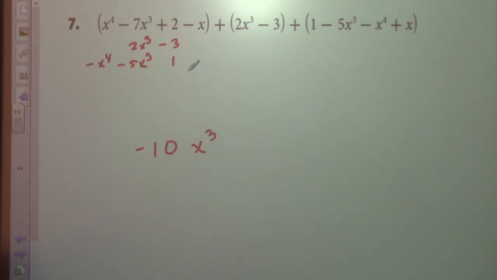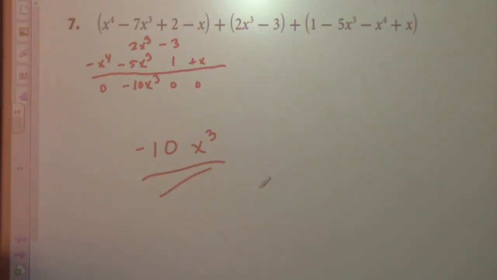And finally you have this plus x. And you add all these up. These will cancel out. These will be negative 10x cubed. 2 minus 3 plus 1, that's going to cancel out. Negative x plus x, that cancels. So that looks like our final answer, is that right? Okay, looks good.